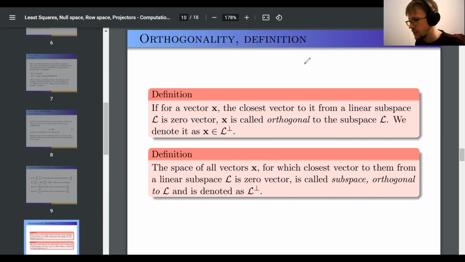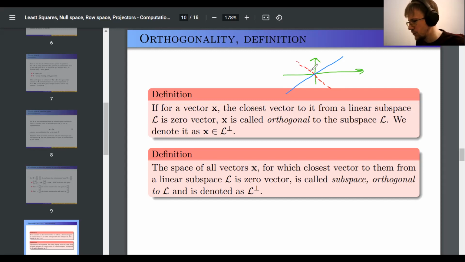So for example, I wish I could always draw horizontal lines. It would be so nice. So let's say we have this subspace. I will draw it in blue. This is a linear space. So all vectors that are perpendicular to it will be orthogonal to it.